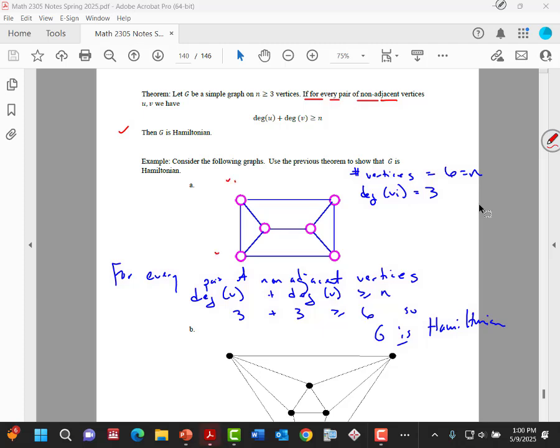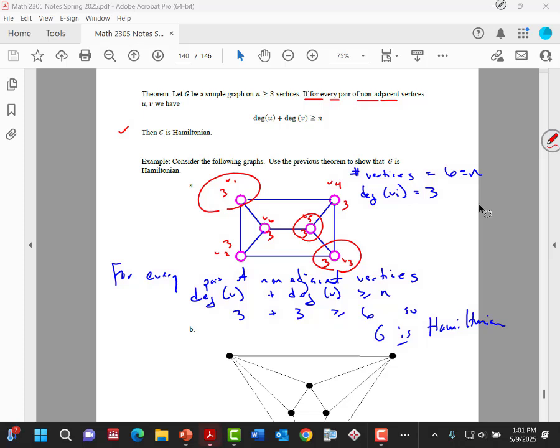What do I mean by non-adjacent? I'll call the vertices V1, V2, V3, V4, V5, V6. The degrees of all of these are 3. V1 is adjacent to V2, V6, and V4, but vertex 1 is not adjacent to vertex 5 or 3.